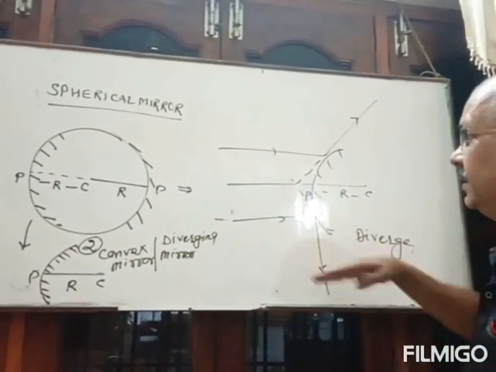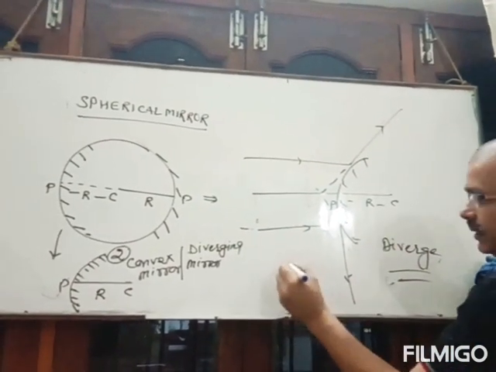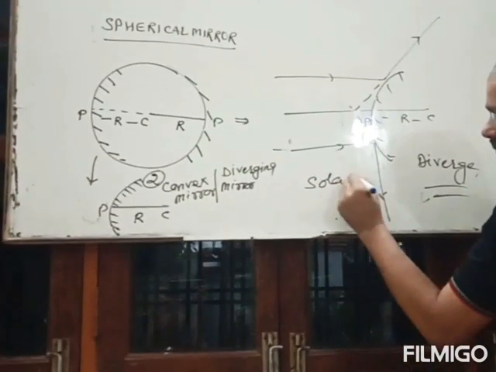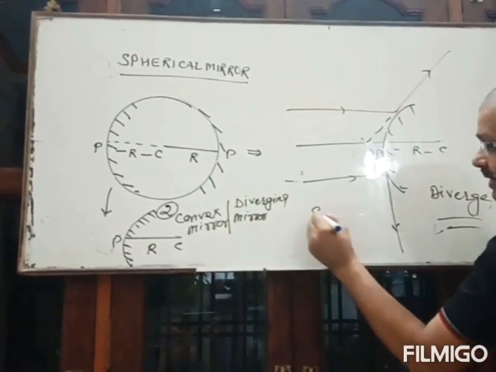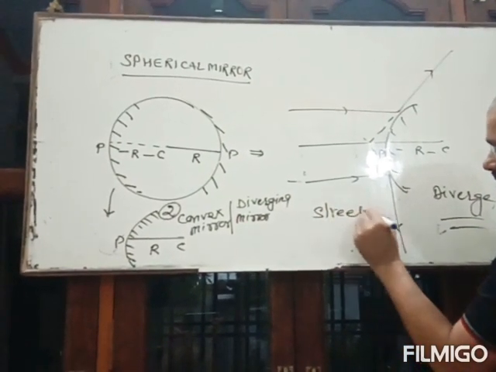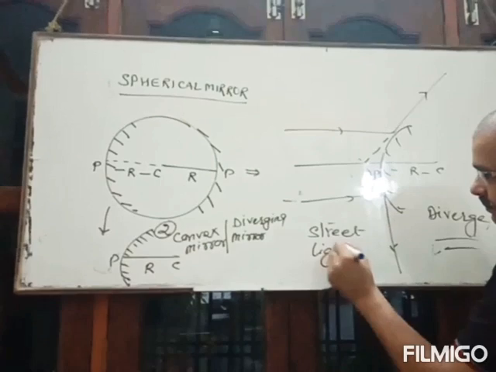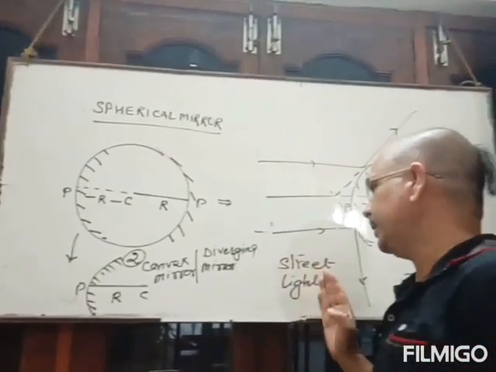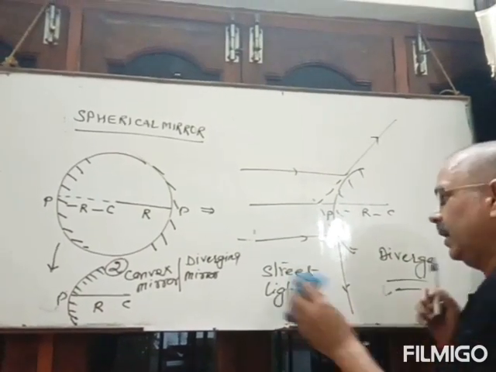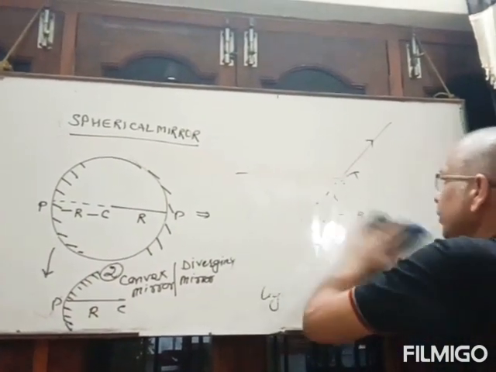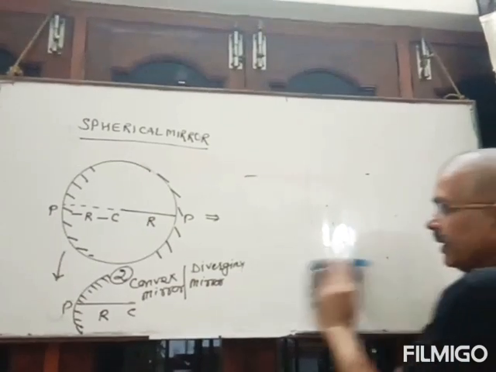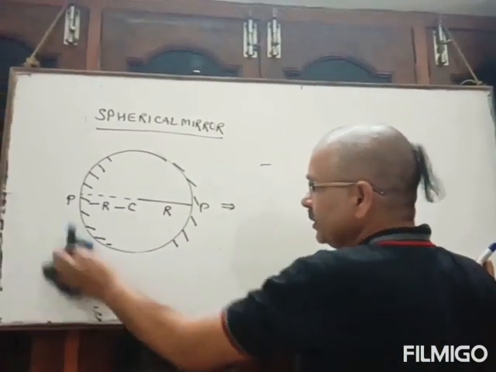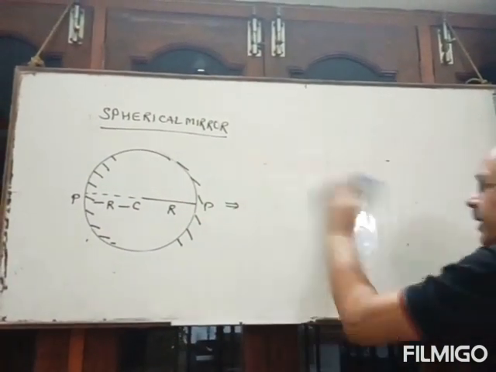Due to this diverging nature, it may be used as a street light. Due to its diverging nature, convex mirrors are used as street lights and concave mirrors are used as solar concentrators. So these are the concave and convex terminology, based on the spherical mirror.